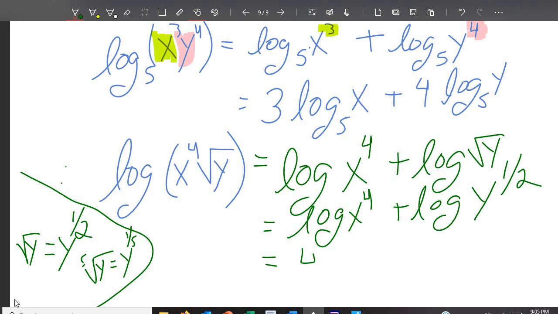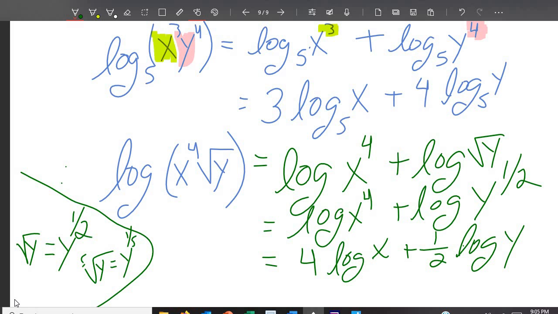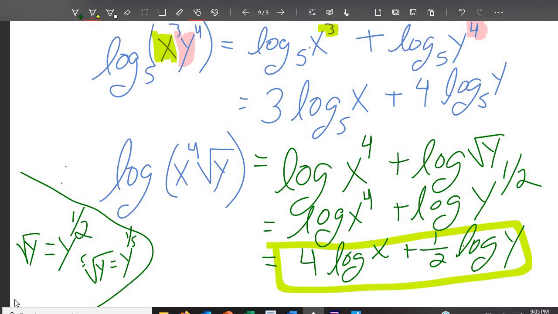Then we apply the power rule. What I get at the end is the final answer. So anytime you have a root, you have to convert that into an exponent. Then you can do the power rule and everything you have to do with that.